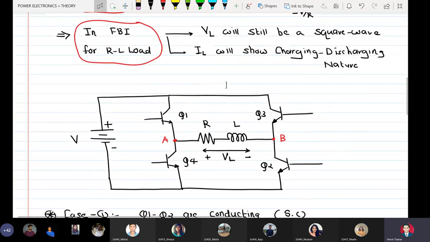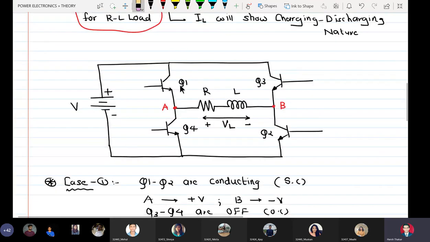Now students, one thing which I did not draw has to be drawn here. That is the diodes. See carefully. There is one diode which is connected across Q1, another diode connected across Q2, the third diode connected across Q3, and the fourth diode connected across Q4.